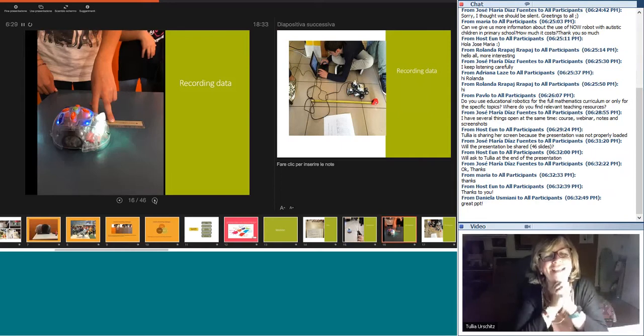I call it a pina, that means little bee, because the first kit was similar to a bee. And I asked the students to find the circumference of these wheels.